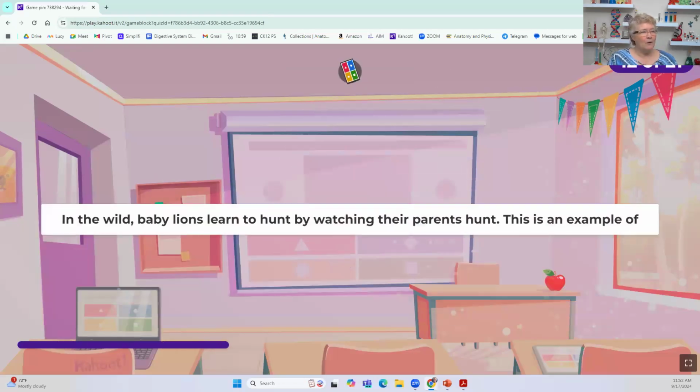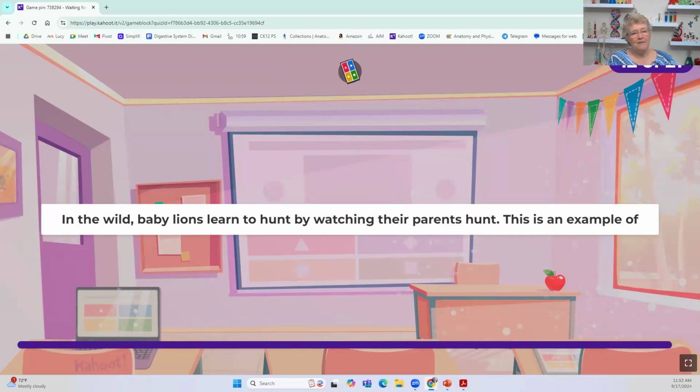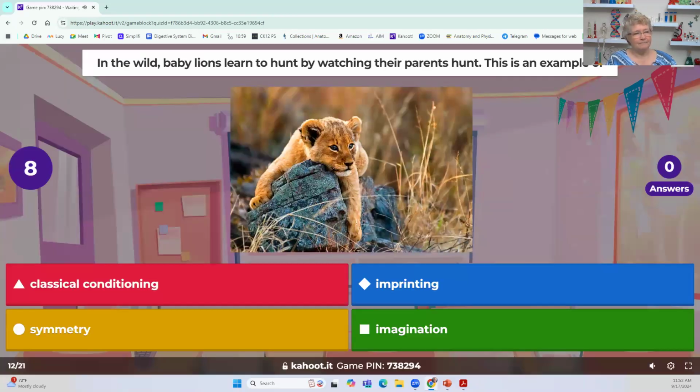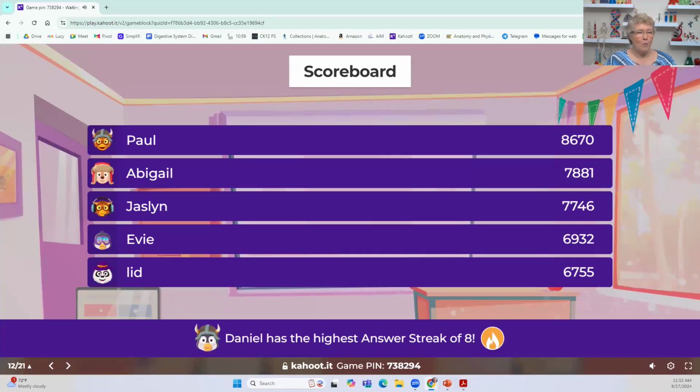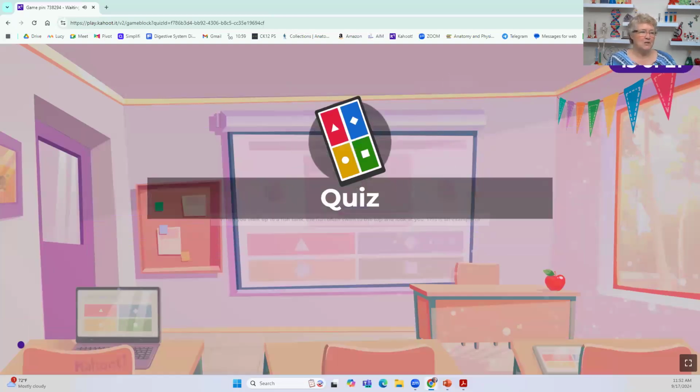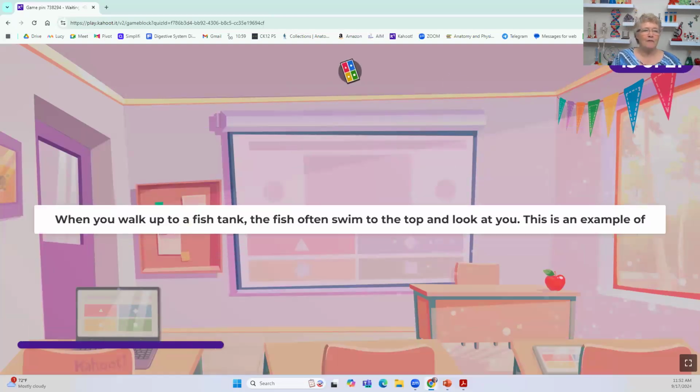12. In the wild, baby lions learn to hunt by watching their parents hunt. This is an example of imprinting. This is an example of imprinting because they learn by watching. All right, question 13. When you walk up to a fish tank, the fish often swim to the top and look at you.